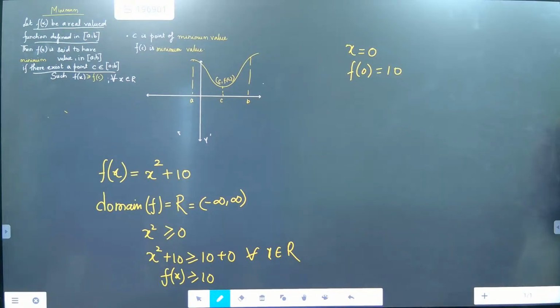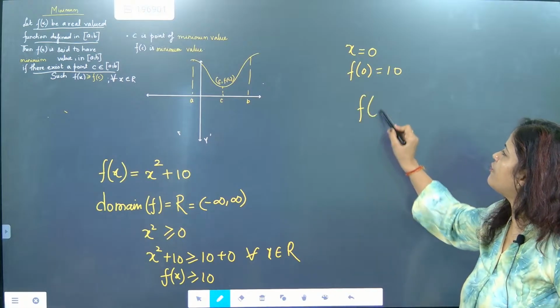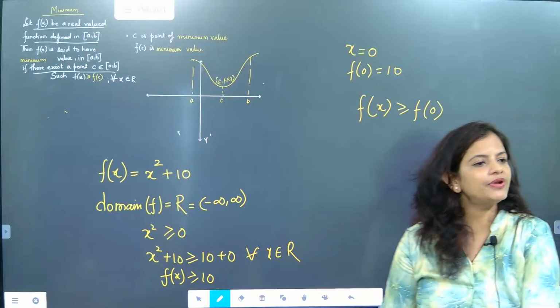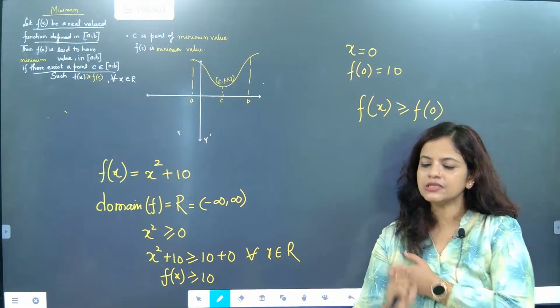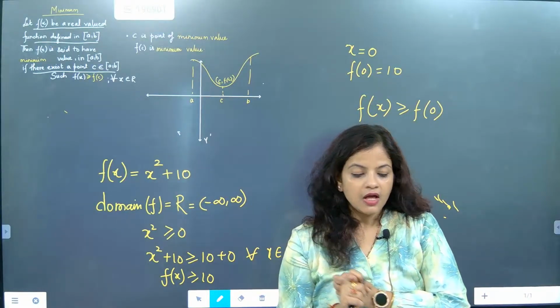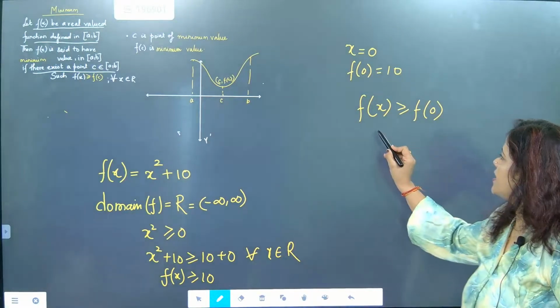Okay. So now it is defined. What we have learned here is our concept: f of x will be greater than or equal to f of 0. So what is the point, beta? What is c here? C is 0. So we will put c as 0.